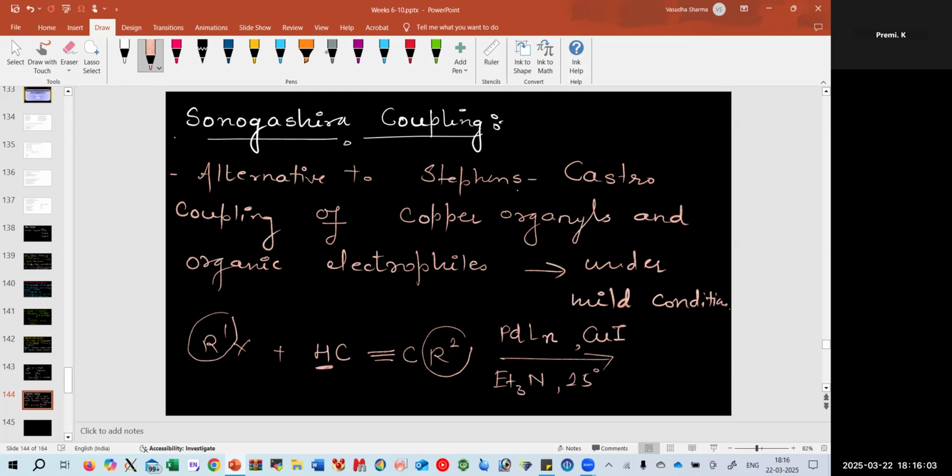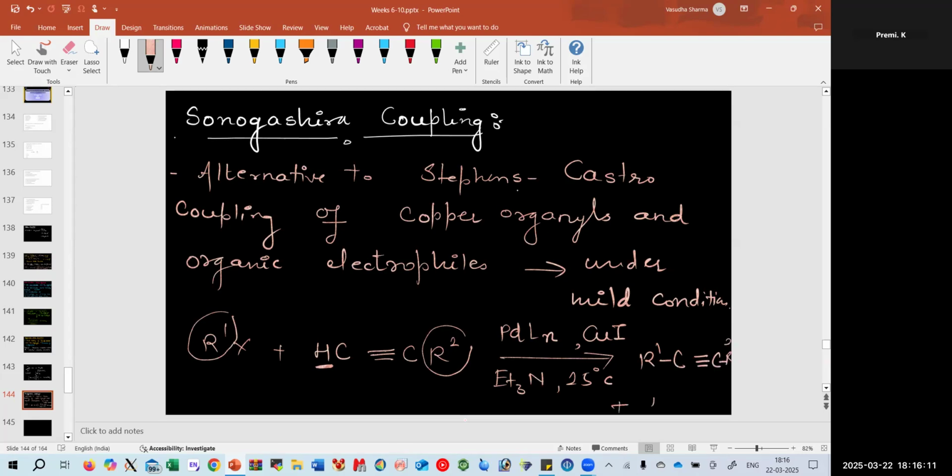What we can expect is R1 coming at this position, and the amine will take up the proton, making positive H, balancing this reaction by giving an ion which is X minus.